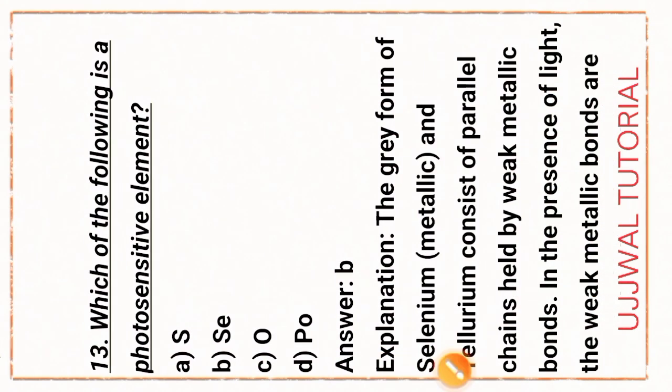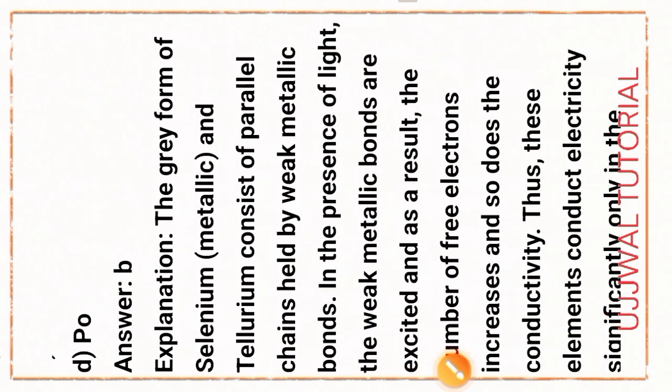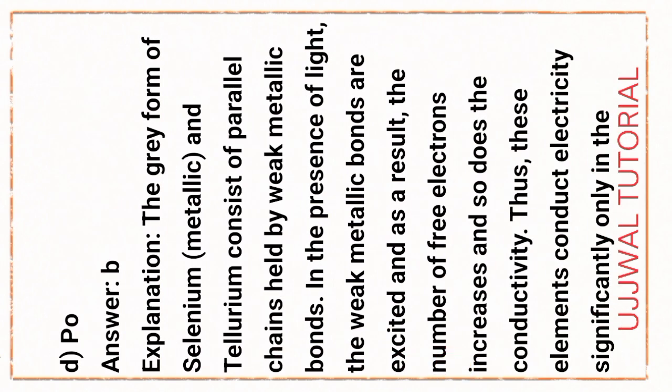Which of the following is a photoconductive element in group 16? Option B, selenium, Se. To explain this part, the gray form of selenium, metallic, and tellurium consist of parallel chains held by weak metallic bonds.